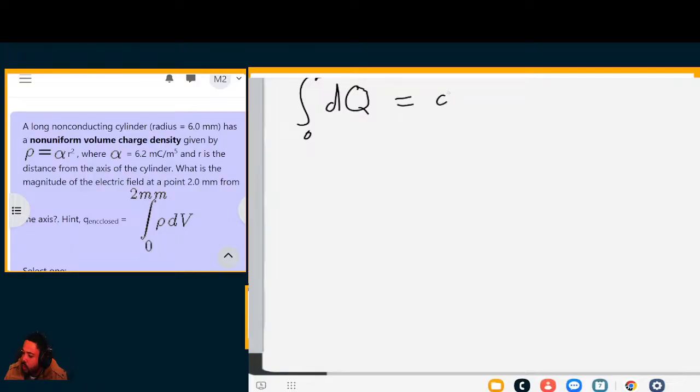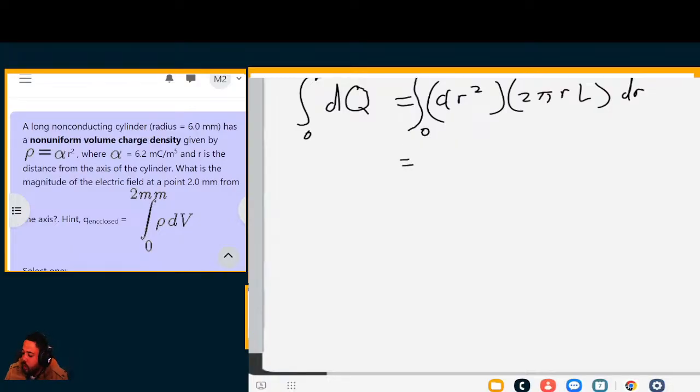We know that rho is equal to alpha r squared, and we know that 2 pi r L times dr is dV. If we integrate, your integration must be on point at this stage. It must also be from 0 to r.